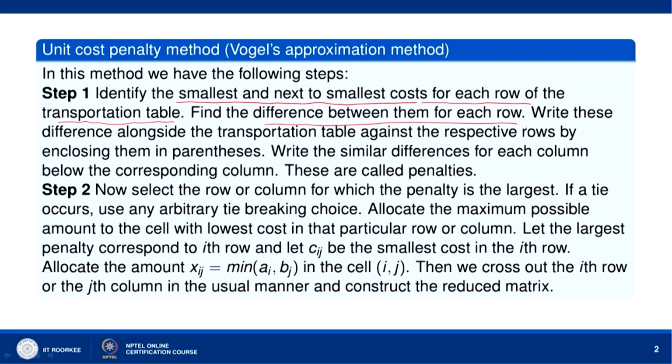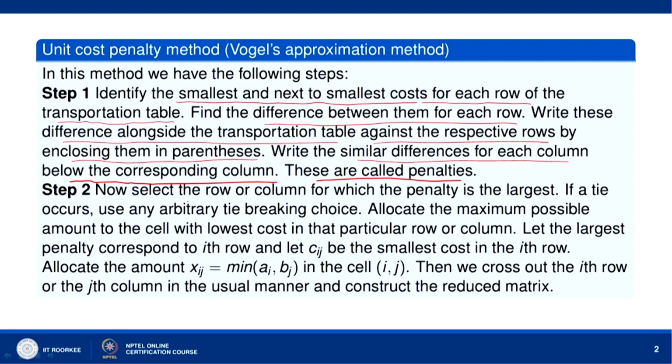We write these differences alongside the transportation table against the respective rows by enclosing them in parentheses. We write similar differences for each column below the corresponding column. They are called penalties. These differences are known as penalties.